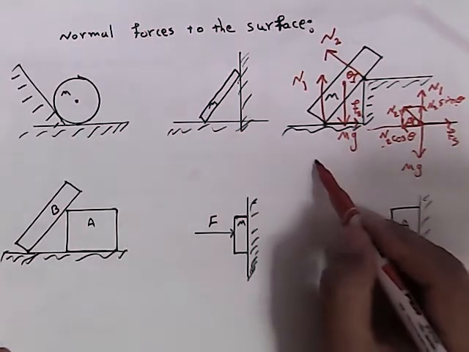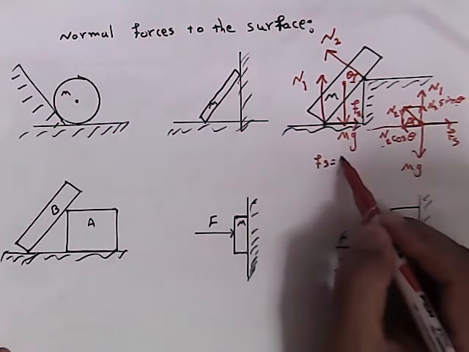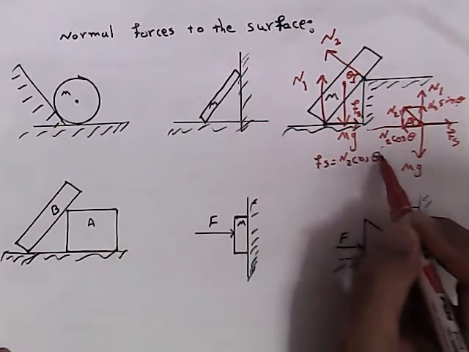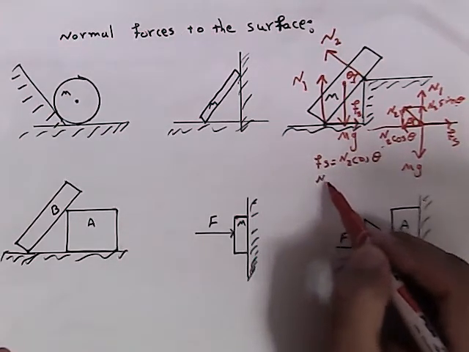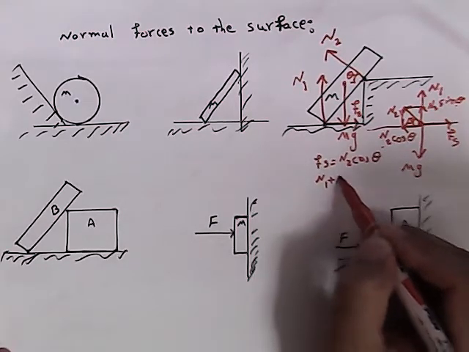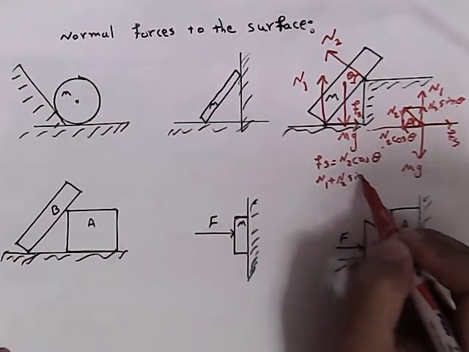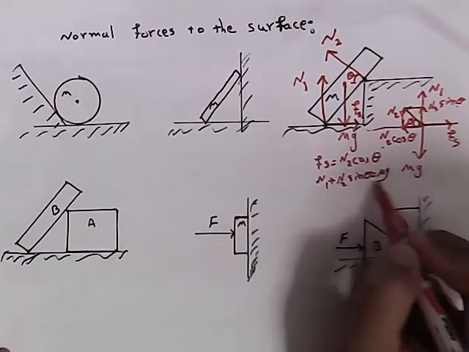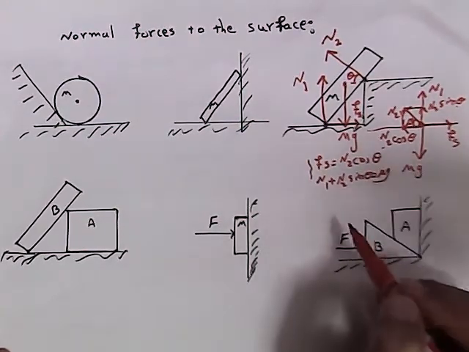So you could write it: Fs is N2 cosine theta, and N1 plus N2 sine theta has to be Ng. This is the balance for the system.